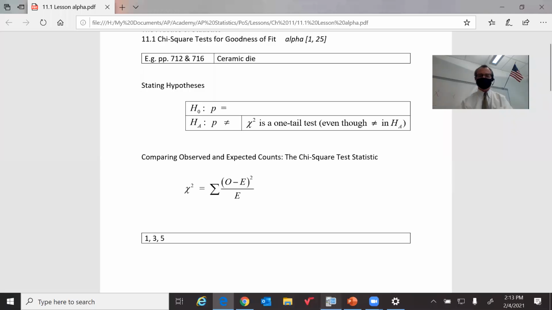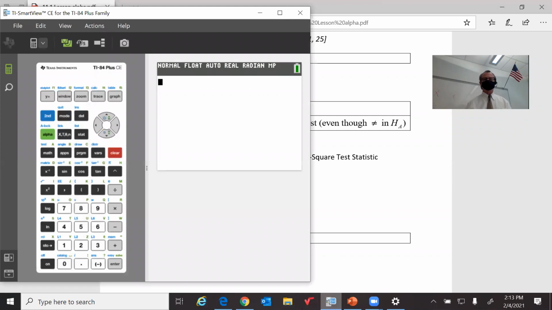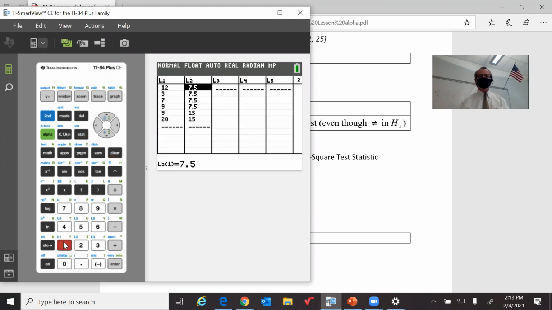So for the M&M question, in order to get the chi-square test statistic, you would do this. Stat, edit, and we've got the observed in list 1, the expected in list 2. We would go to list 3 in the top and type this.